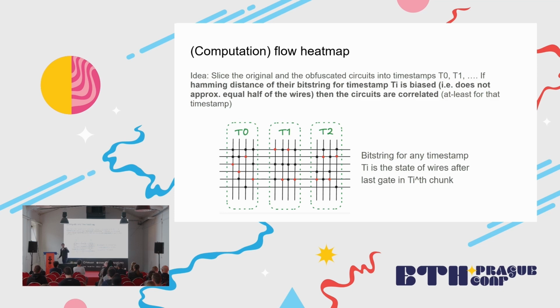Flow heat map builds on this simple idea. And if the state of the two circuits is similar for many time slices, then they're obviously correlatable.